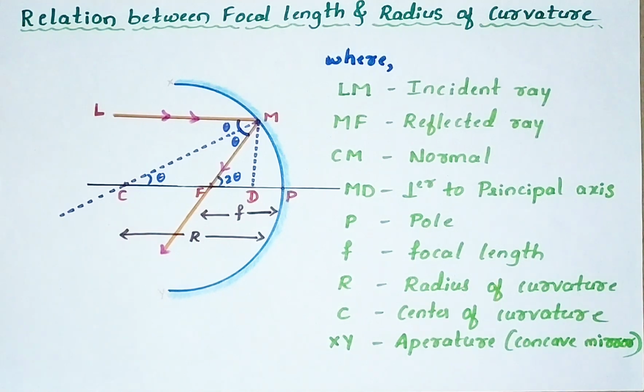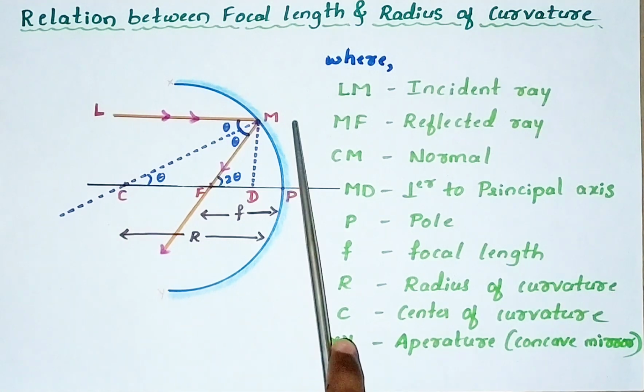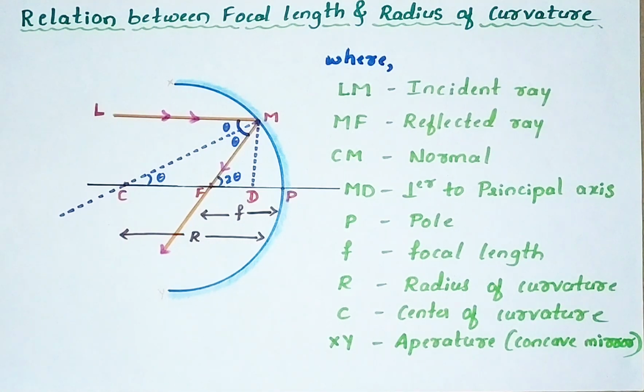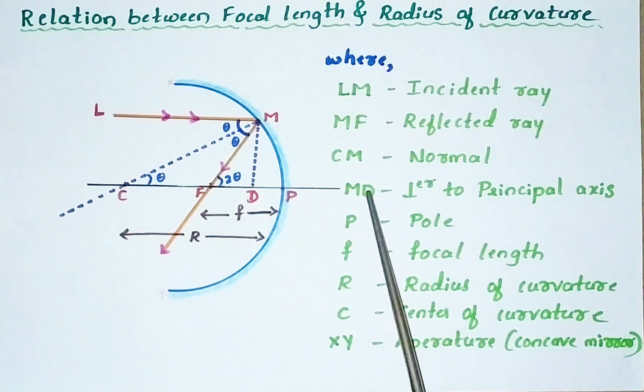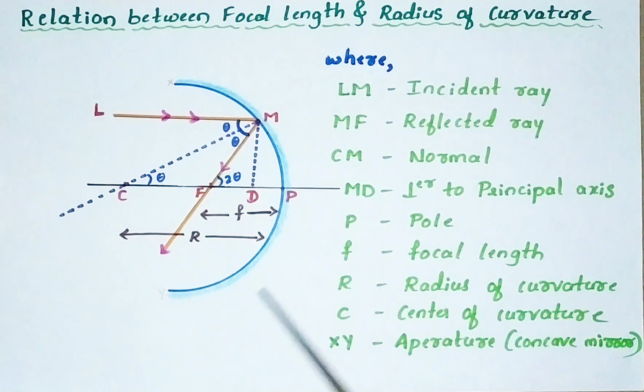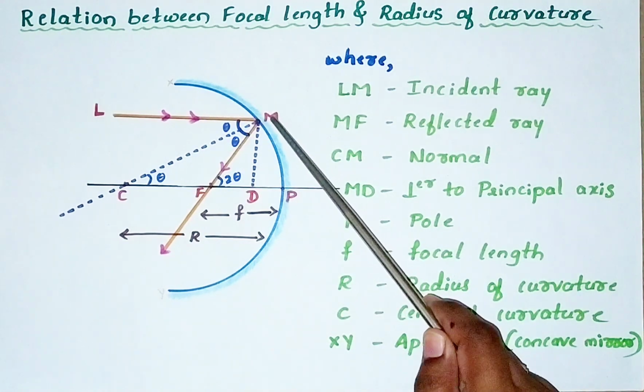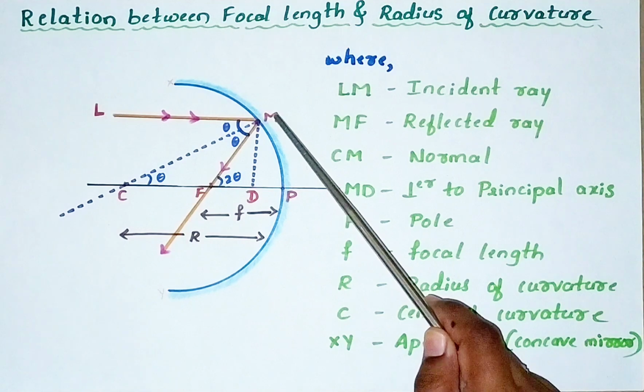Now I am going to consider a parallel ray of light, that is LM. This parallel ray of light is traveling parallel to the principal axis and it is going to fall on the concave mirror at point M. This is the point of incidence.